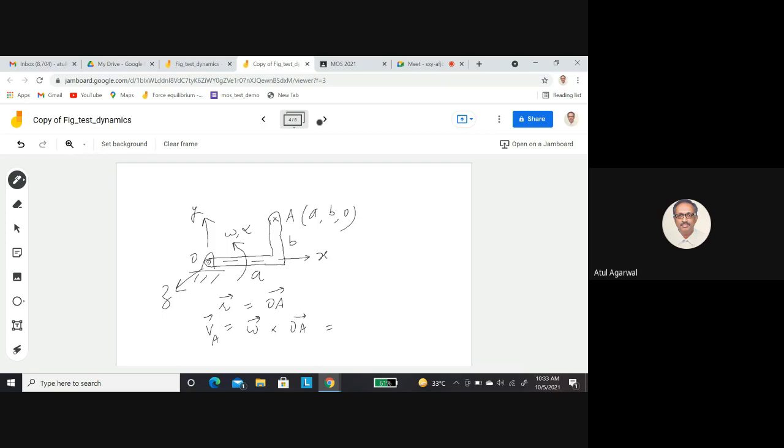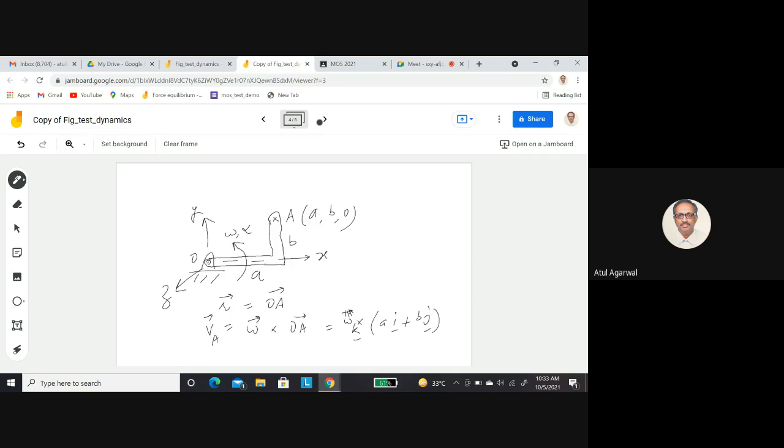What is vector OA? You can write it as ai plus bj. Any problem with this? And your omega is omega k, since your bar is spinning about the z axis.